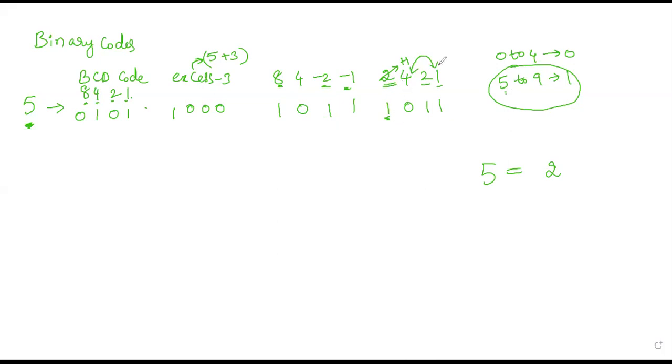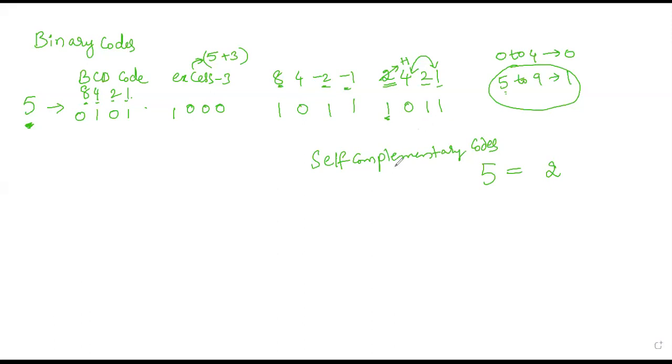In this way, we discussed the binary codes. Now we go with another binary code. 8, 4, -2, -1 and 2, 4, 2, 1 are known as self-complementary codes. A self-complementary code is one where, by inverting the binary code, you get the nines complement.